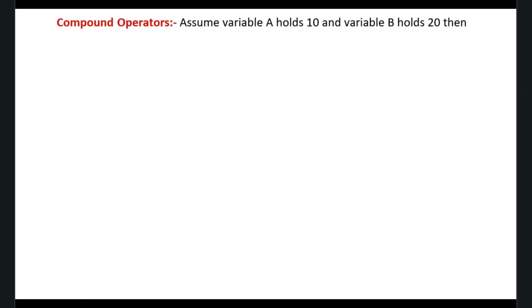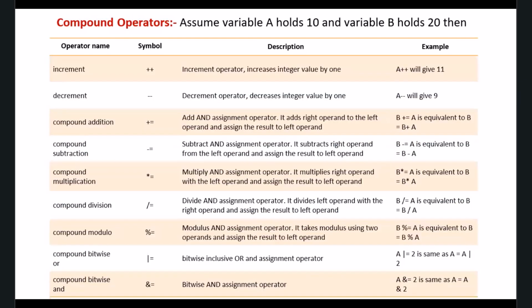The last operators are the compound operators. These compound operators are increment, for which we use plus plus, decrement, we use minus minus, compound addition, plus equals, compound subtraction, minus equals, compound multiplication, asterisk equals, compound division, slash equals, compound modulo, percent symbol equals, compound bitwise OR, single line equals, and compound bitwise AND, ampersand equals.